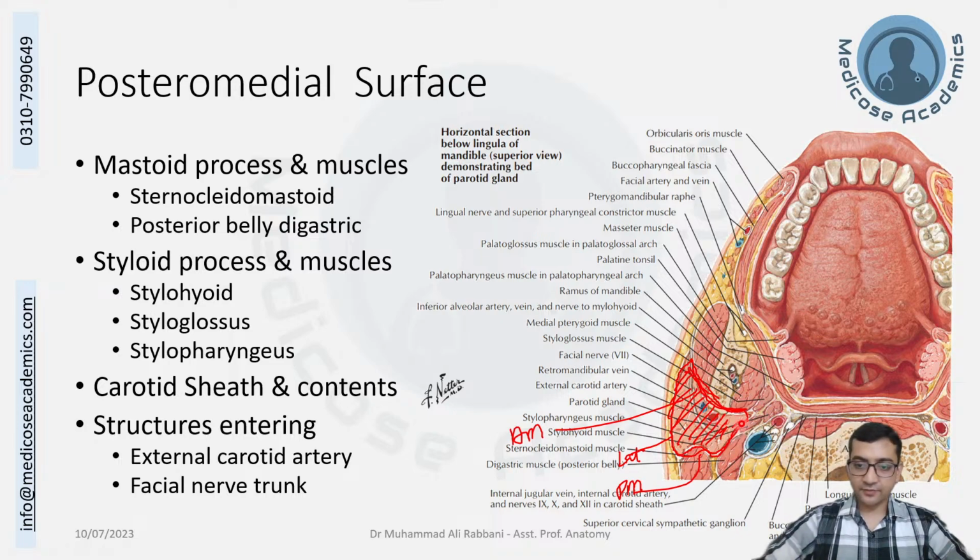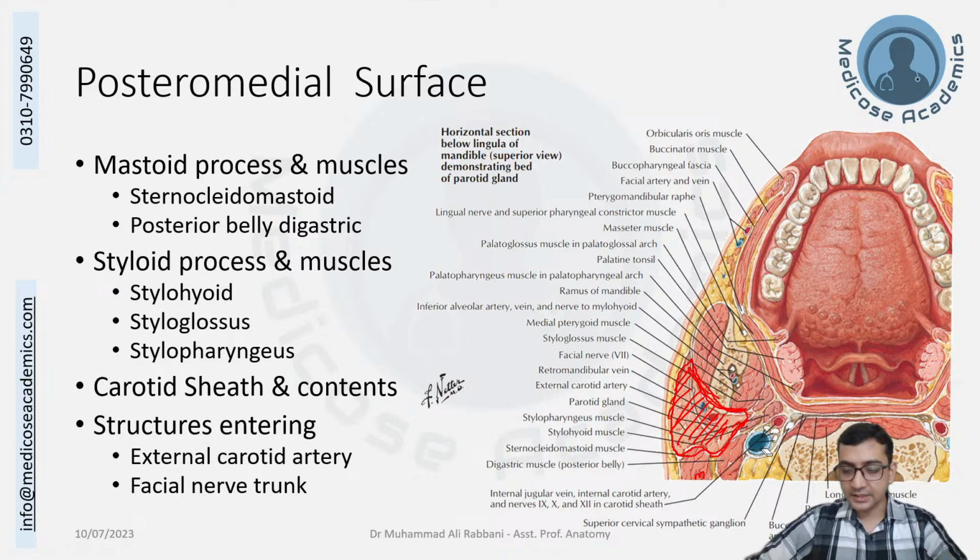Talking about the posteromedial surface, we can't see the styloid process at this particular level, but we can see the two muscles that were attached to the mastoid process. This is the sternocleidomastoid on the outside and the posterior belly of digastric on the inside.